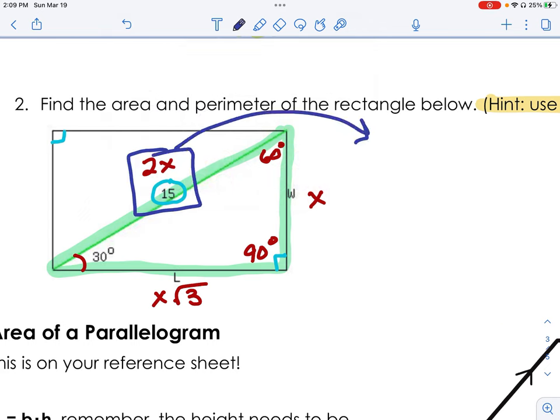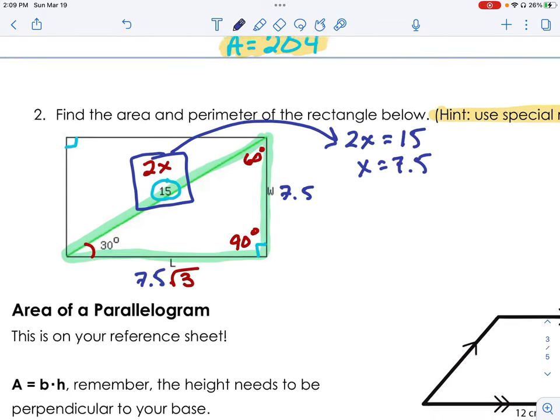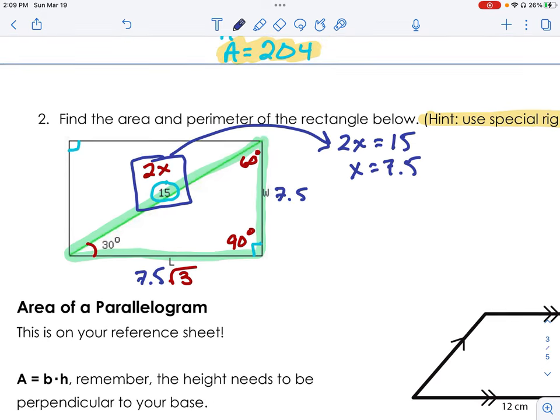So 2x equals 15, divide by 2, x equals 7.5. So I now know that this side length is 7.5. I also know that this x value is 7.5. So we had to do some back work there just to find our base and height.